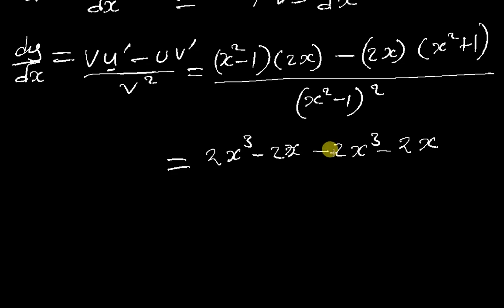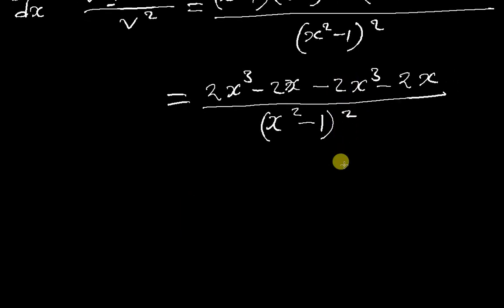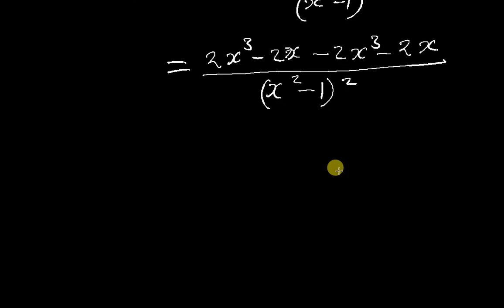So from there we can now simplify the whole expression to get the final answer, the value of y prime. So let's simplify. We can see that 2x cubed minus 2x cubed will give us a 0. Then negative 2x and negative 2x will give us negative 4x.